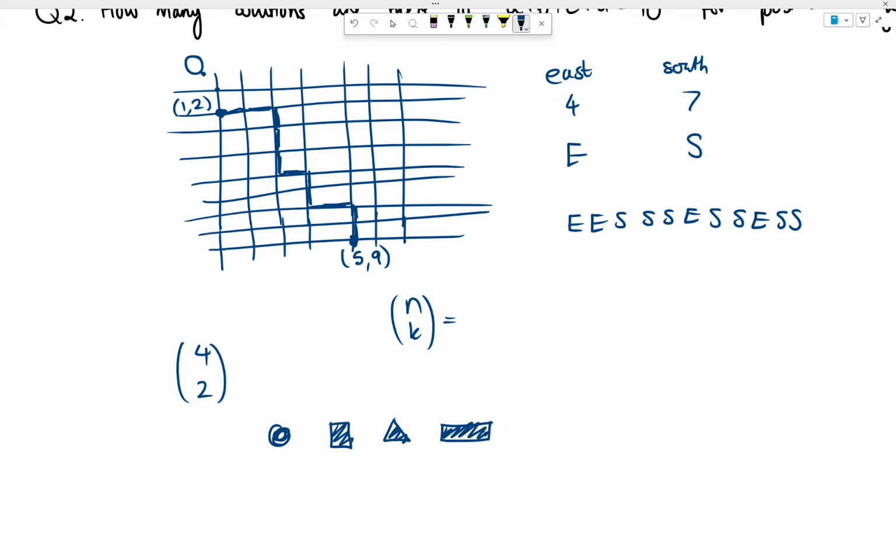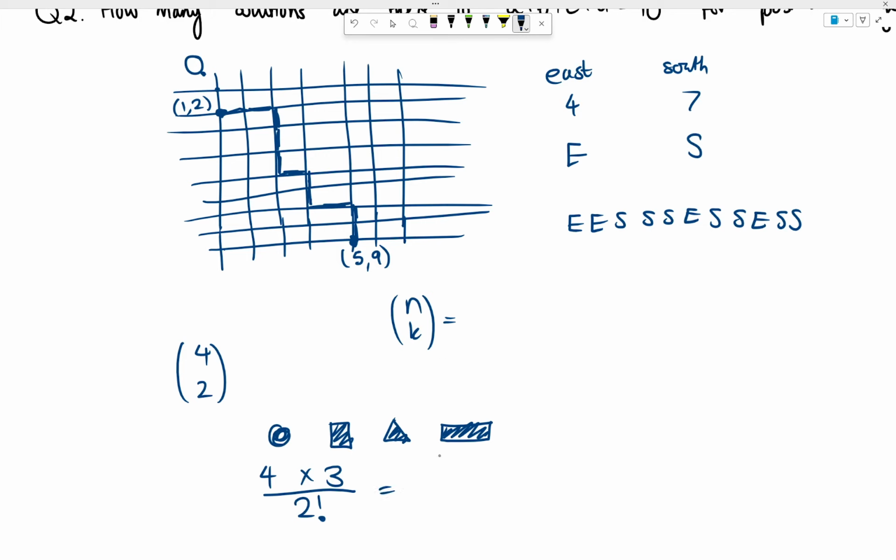It's asking how many ways from these 4 objects can I choose 2 of them. So we're going to have 4 choices for the first one, and then 3 choices for the second object. But what's happened is I've overcounted, choosing one object then the other one, or the other one and then the first one. So I need to divide through by 2, or in general I've divided through by 2 factorial.